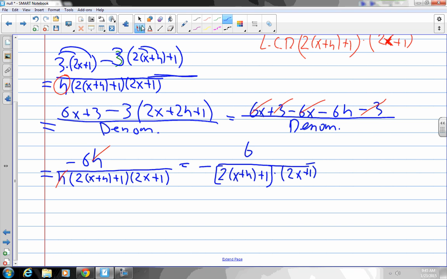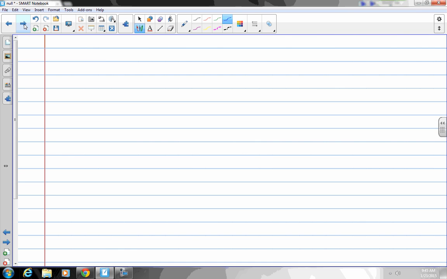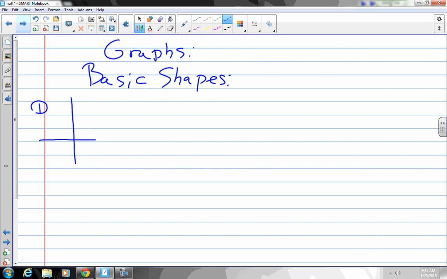All right, so I'm going to talk a little bit about graphs. So we do have some basic shapes. You have your parabolas, so it's y equals x squared.